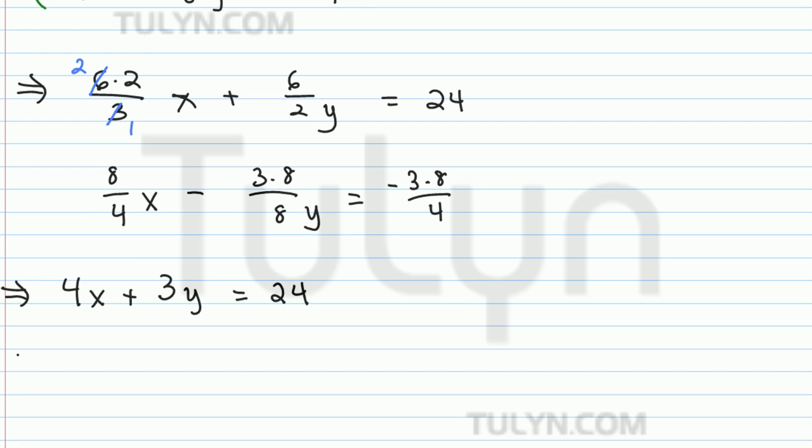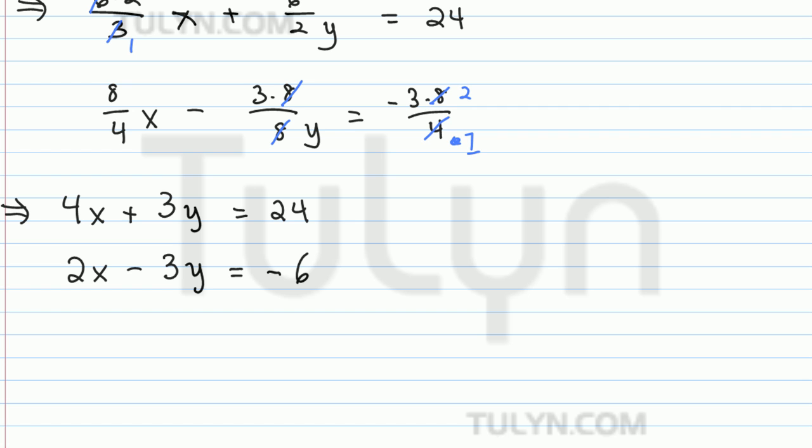And then our second equation is 8 over 4, that's 2x, and then here the 8's cancel out completely, so we end up just getting minus 3y. And then finally, for the constant term, we can divide by 4, and this is just going to become 1, and this is going to become 2. So minus 3 times 2 is minus 6.